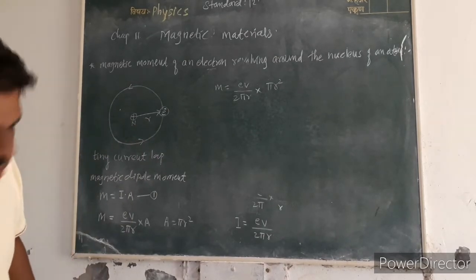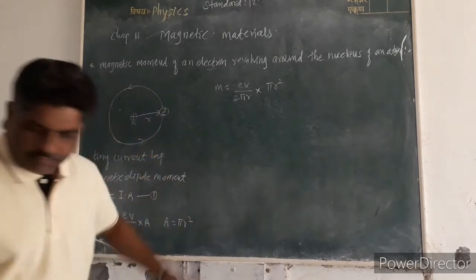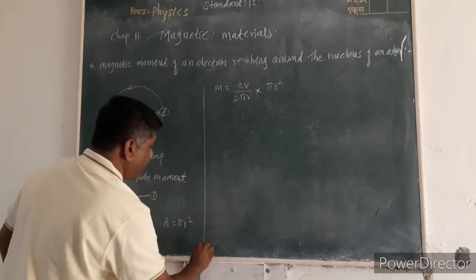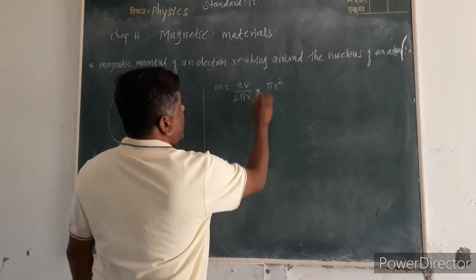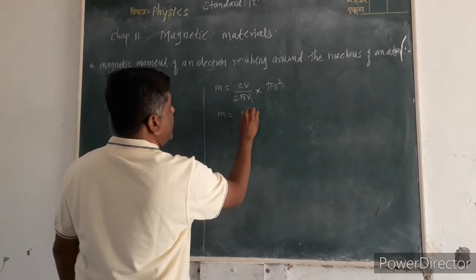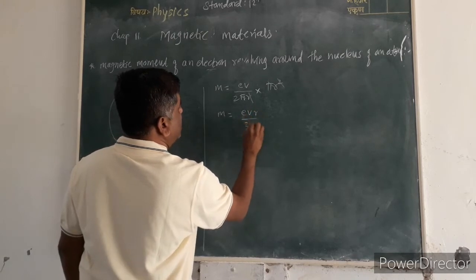Now r cancels, pi cancels, and M is equal to evr upon 2.